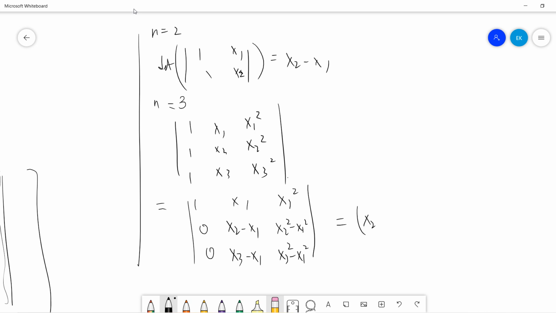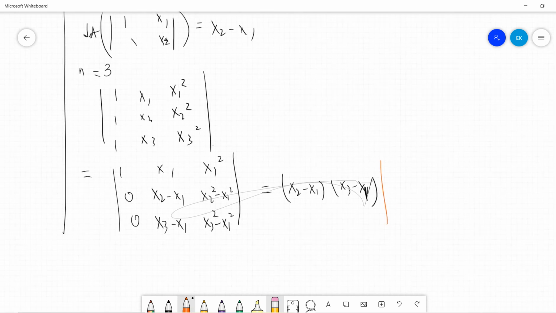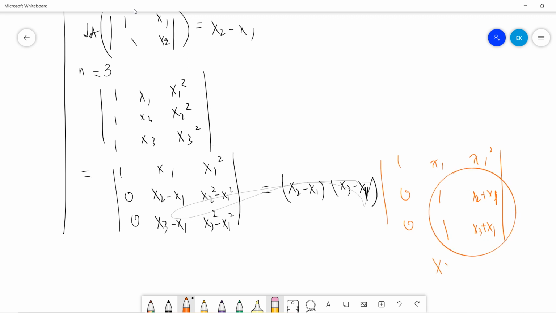You get x2 minus x1, x3 minus x1, and the original determinant becomes 0, 1, 0, 1, 1, x3 plus x1, 1, x2 plus x1. You compute the determinant of this, which is just x3 minus x2. So the final result will be x2 minus x1, x3 minus x1, x3 minus x2.